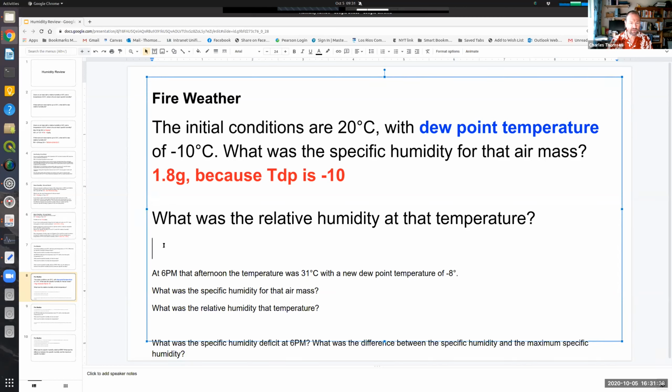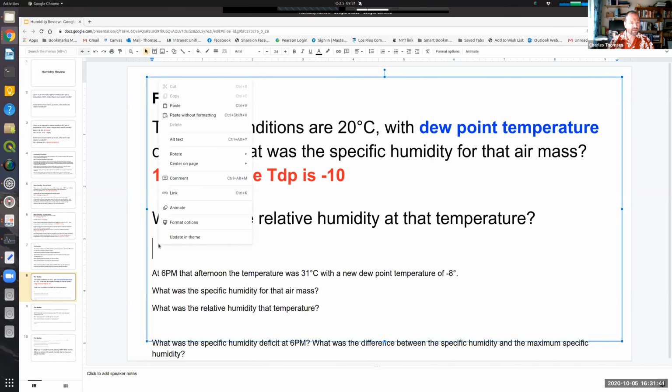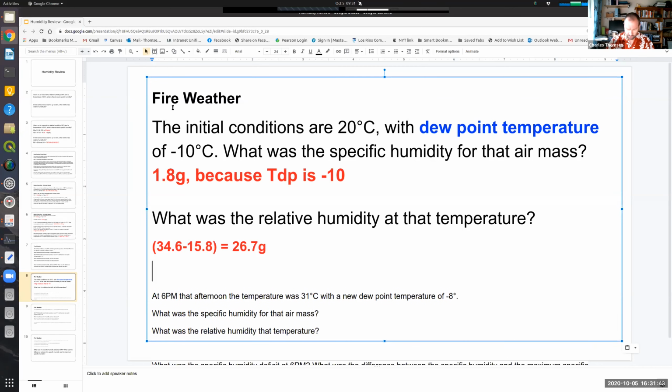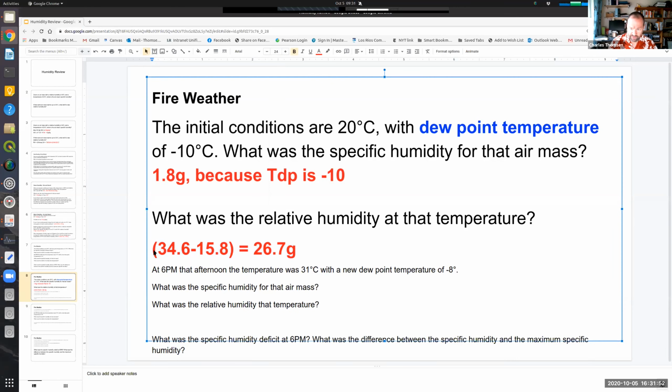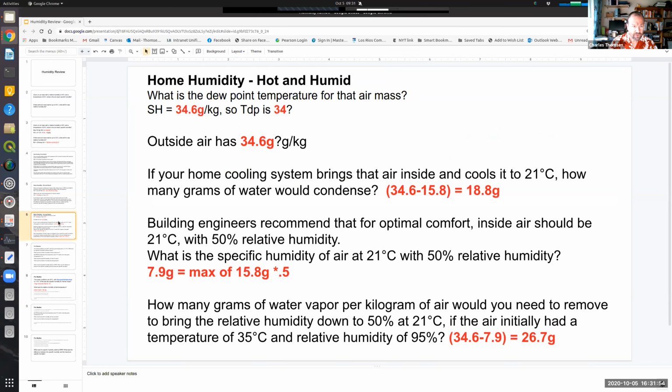Okay, so now what's the relative humidity at that temperature?